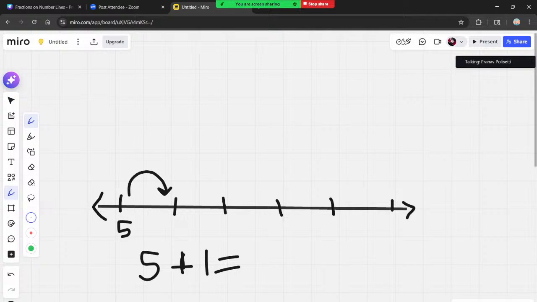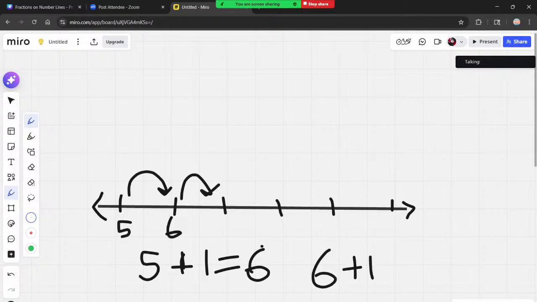So we do 5 plus 1, and that will equal 6. So we do 6 here. Once we jump again, we do 6 plus 1 equals 7. So now we put 7 under this one. And we keep doing that until we get to the end of this, which is 10.